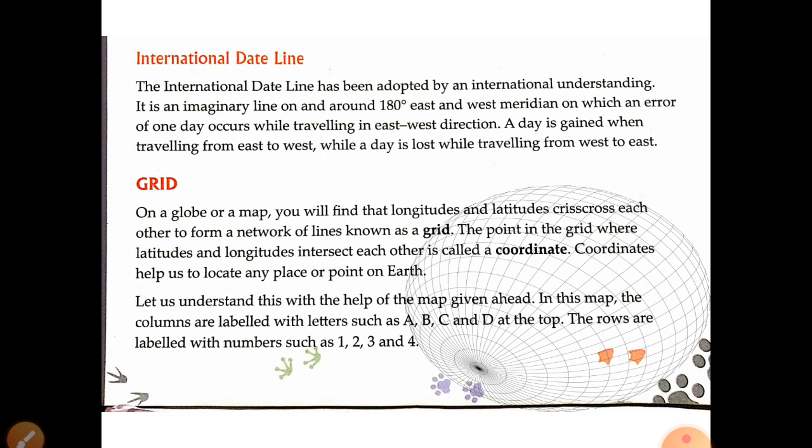Let us understand this with the help of the globe. To complete the grid: the latitude and longitude lines which crisscross each other form a network of lines known as a grid, and the point where they intersect is known as a coordinate point.